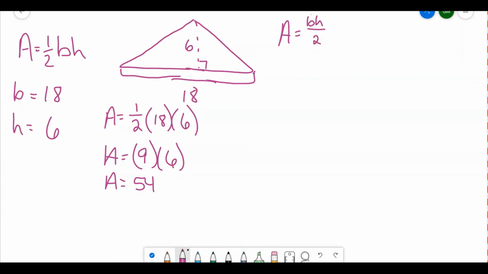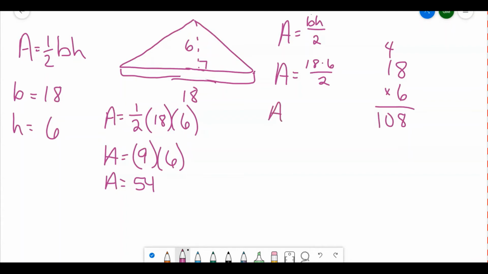The reason I did it the way I did is that it's easier to multiply 9 times 6, just to be honest. So that would be area is equal to 18 times 6 over 2. And 18 times 6, 8 times 6, 48. 6 times 1 is 6, plus 4 is 10.